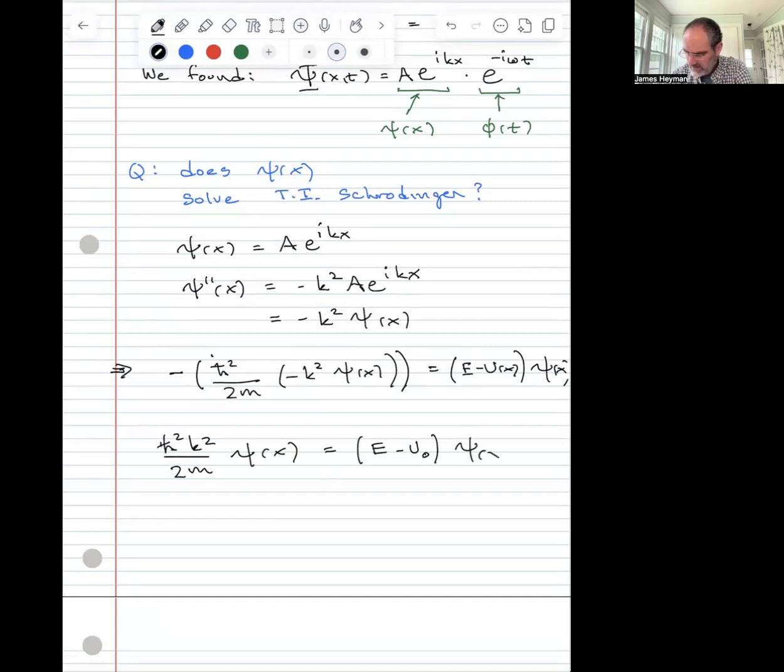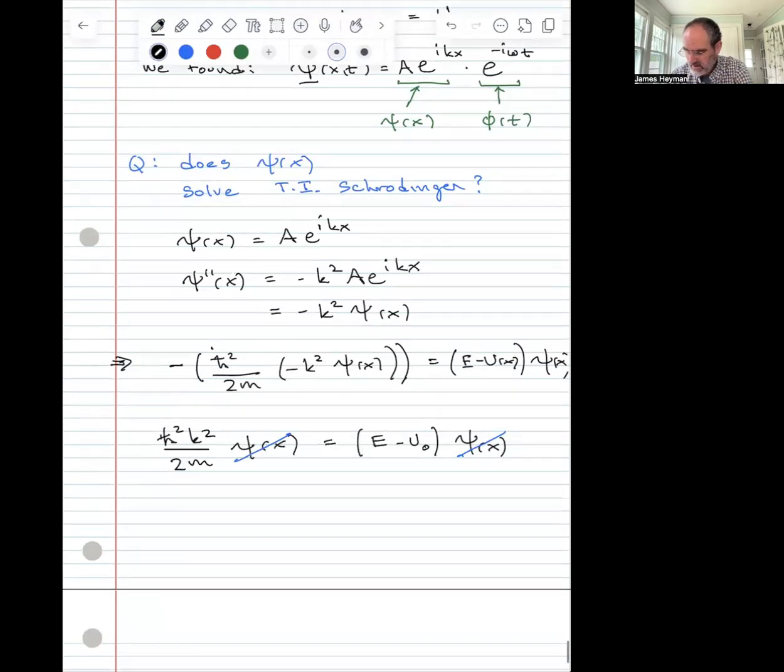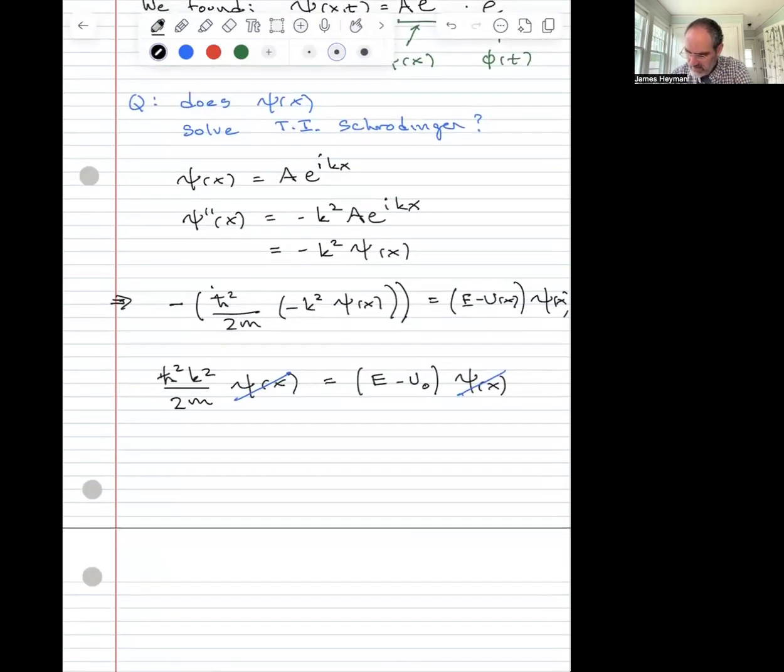Notice that psi of x cancels out here. That's a good indication that the wave is a solution, provided that the rest of the equation is true. That is, E, the energy, minus the potential energy is equal to h bar squared k squared over 2m.